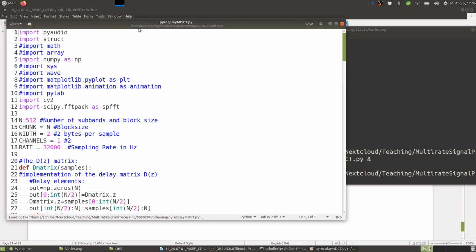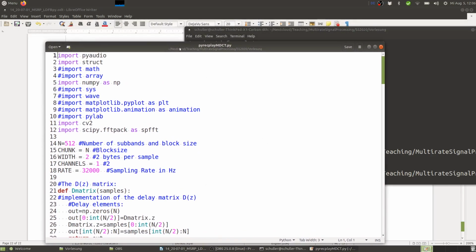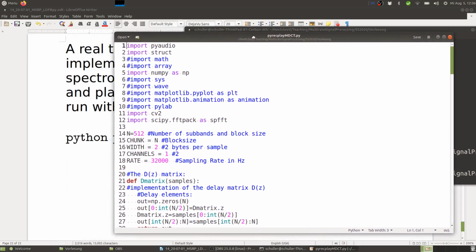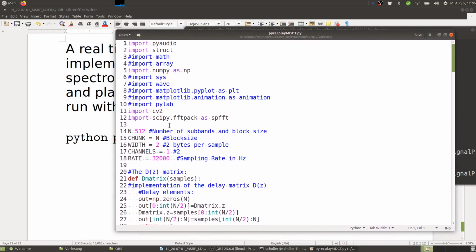So here you can see the implementation, and you can see I define N as 512. So here we have 512 subbands and downsampling by 512. The block size from the sound card is the same. We assume the sound card gives us 2 bytes per sample, 16-bit integer, the usual.